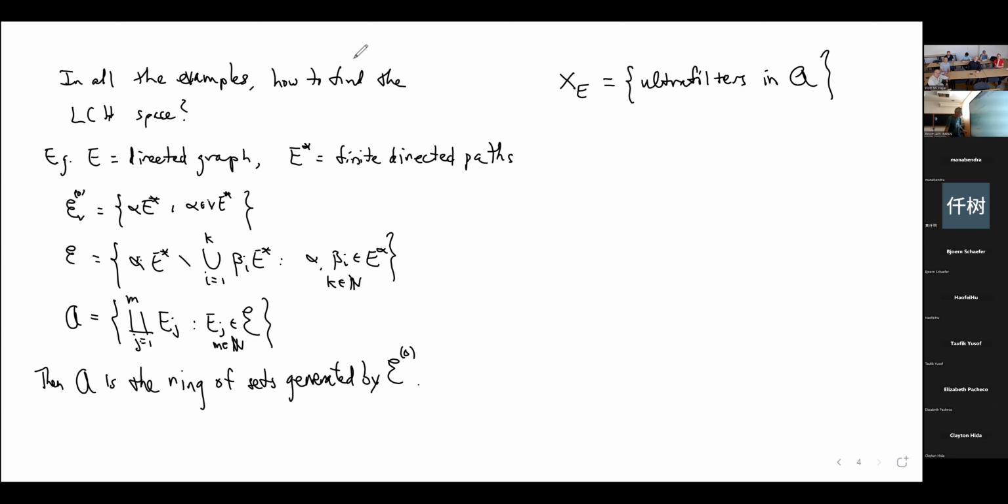Now, again, I should point out that for different vertices, the rings we get at those vertices are disjoint. So each ultrafilter really belongs to a particular one of these, corresponding to a vertex.